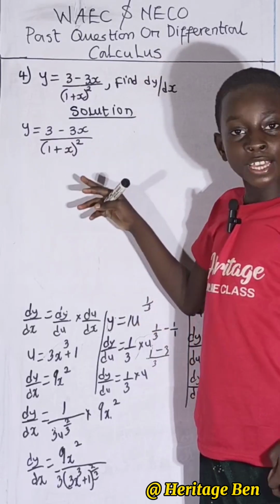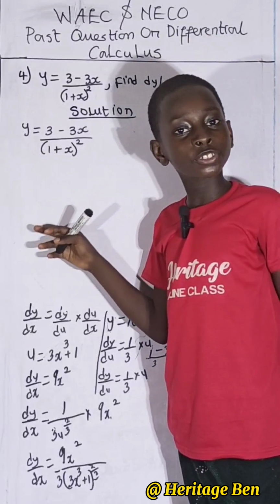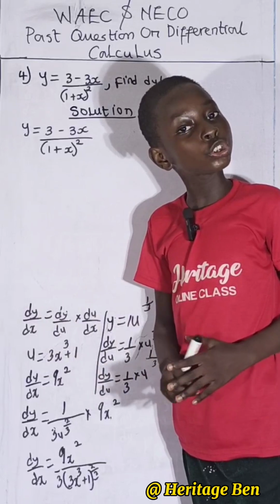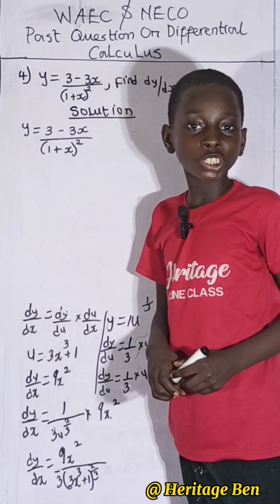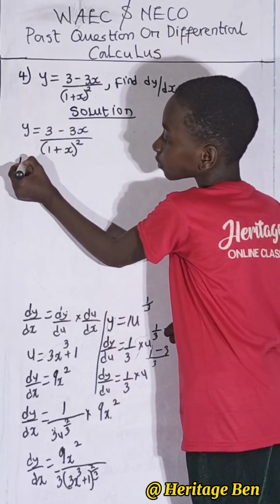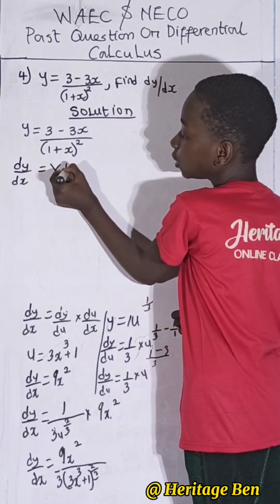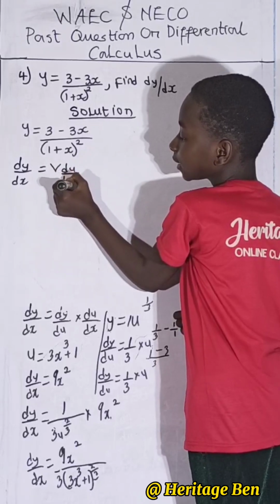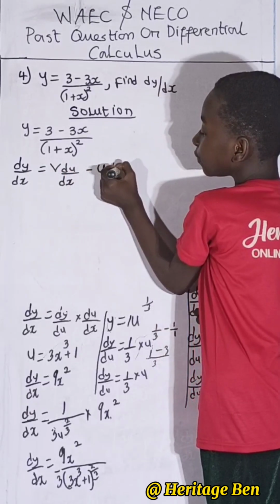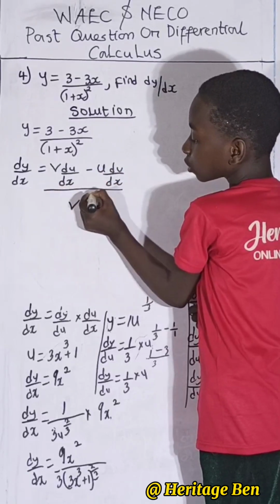Now, whenever we are given a question like this that looks like a fraction and we are asked to differentiate, we'll make use of the quotient rule. What does the quotient rule state? The quotient rule states that dy/dx is equal to (v du/dx minus u dv/dx) divided by v squared.